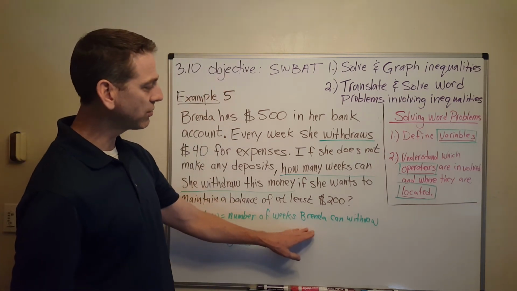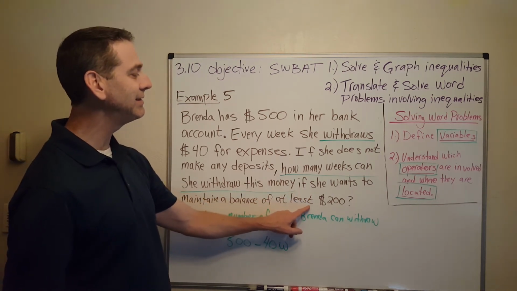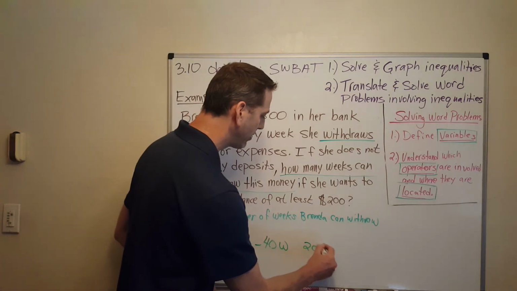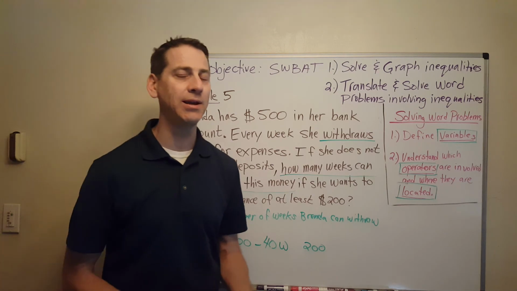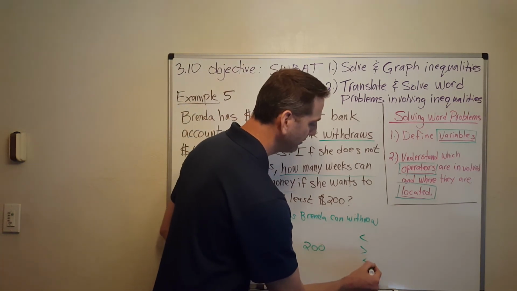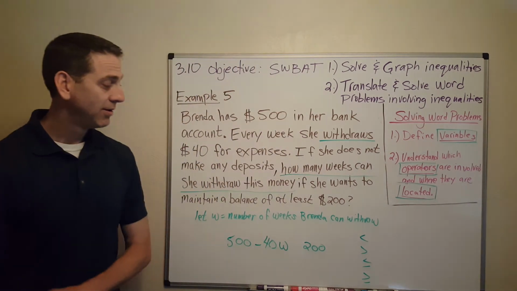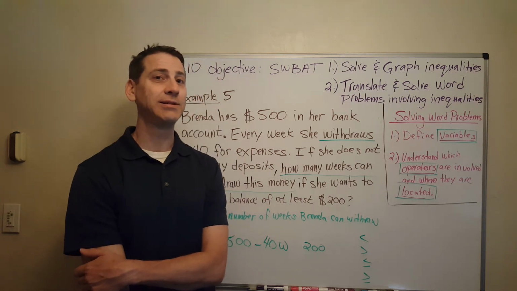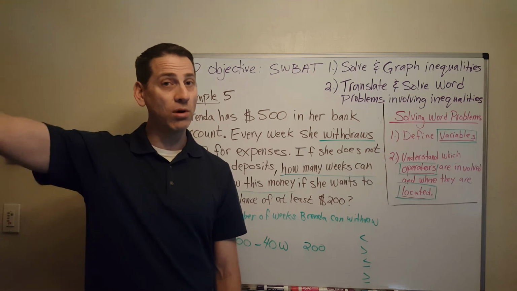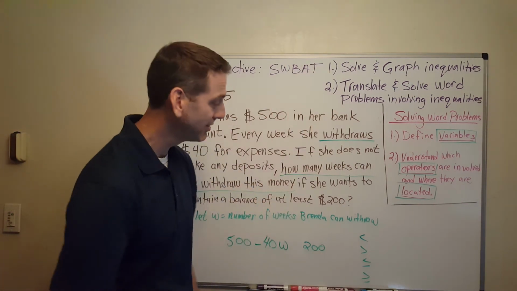Okay. Now, how many weeks can she withdraw if she wants to maintain a balance of at least $200? So we got a 200 over here. Okay, at least. What does that mean? Does that mean less than, greater than, less than or equal to, or greater than or equal to? Well, if I say you need at least $5, that means you need $5 or more. So you can have more than $5 or equal to $5.